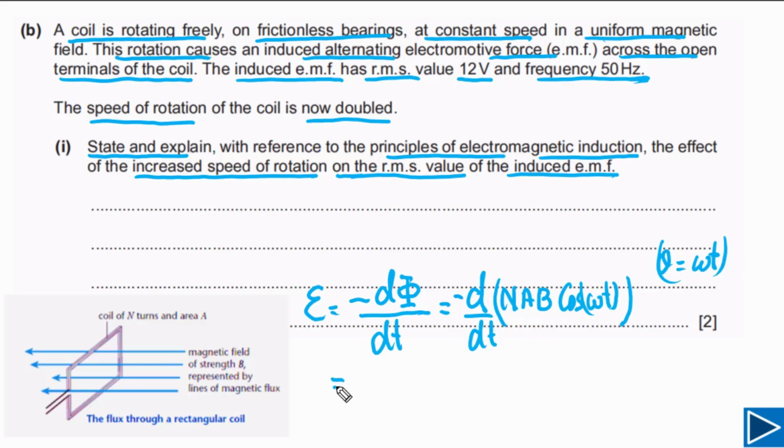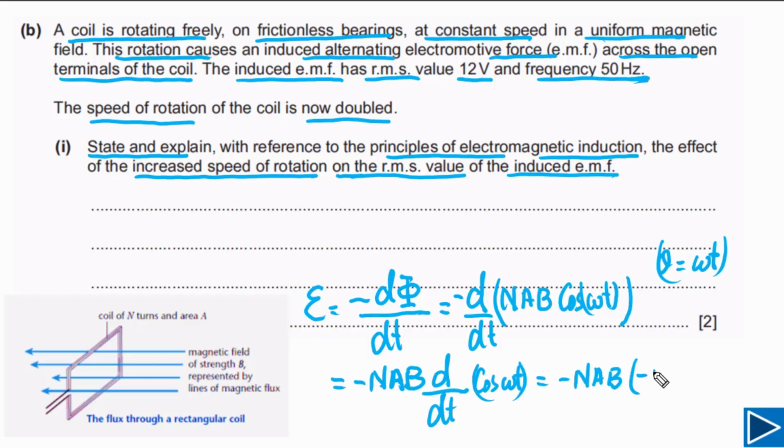From here, we can take N out because the number of turns of the coil is constant. The area of the coil is constant and the magnetic field is uniform. Then we are simply left with d by dt of cosine omega t, which is equal to negative omega sine omega t. So we simply differentiate cosine omega t with respect to time.